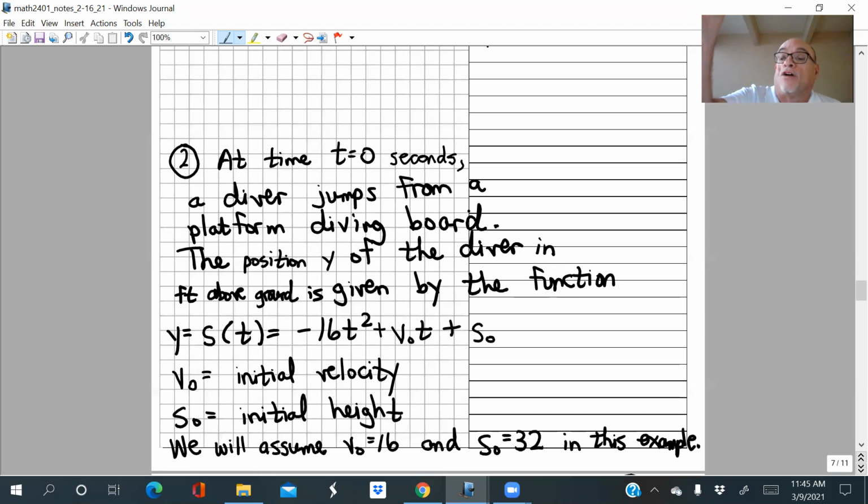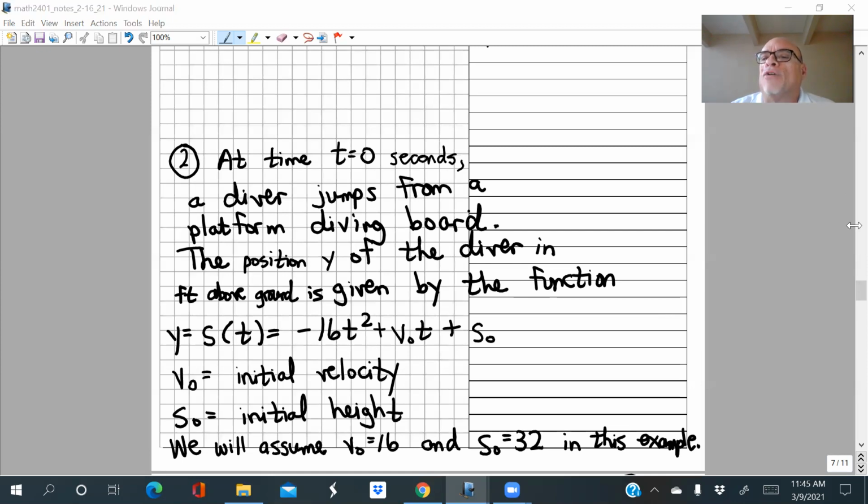So the diver is going up initially, right? Okay, and of course is going to reach a maximum height and then is going to drop back down into the water, right? But it's important to notice that this is positive. So at first the diver is going up, and then the diver could be a she. The diver's initial height is 32. So the height of the diving board is 32.